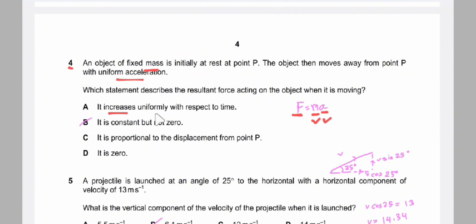It is constant but not zero. So the more appropriate answer is B.